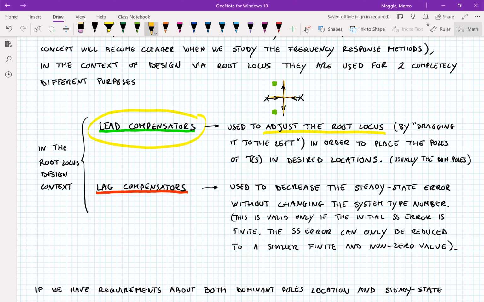We will never be able to pass through these green squares, or the locations of the dominant poles that we wanted. So we need to bend the root locus. So the lead compensator is exactly used to do this.